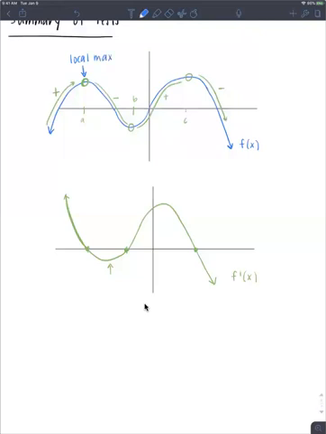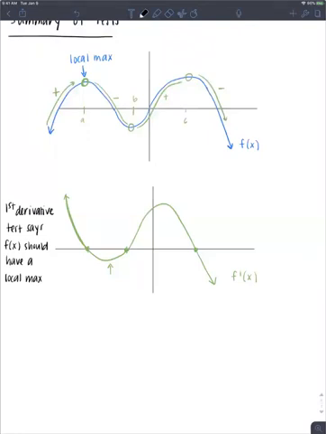The first derivative test says f of x should have a local max when what happens?